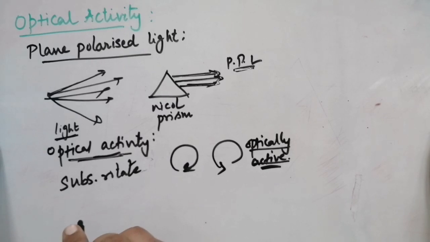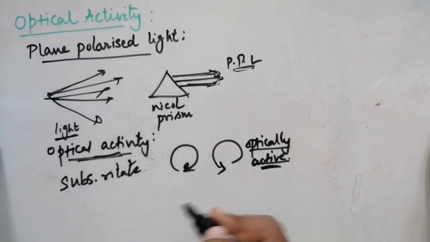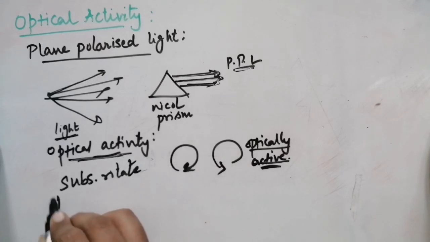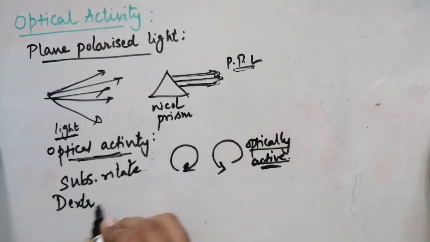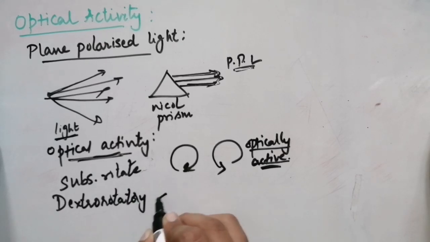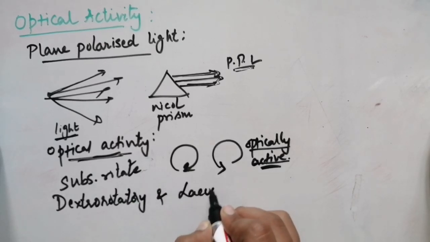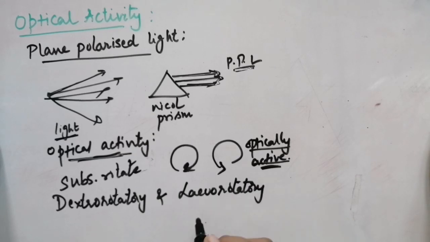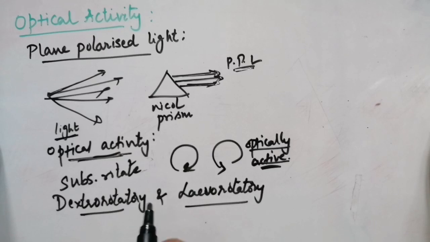There are certain terms to define this rotation. They are dextrorotatory and levorotatory. What are dextrorotatory and levorotatory substances?